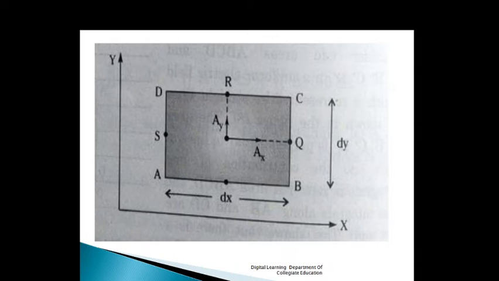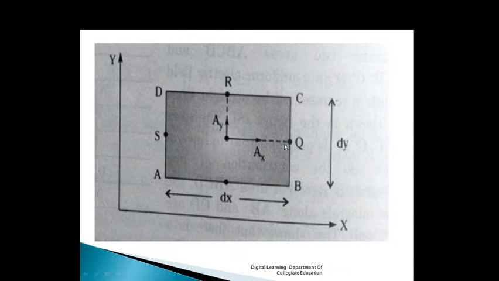Consider a small rectangular surface A, B, C, D. P is the center of the rectangular surface. dx is the length along the x-axis, dy is the length along the y-axis.